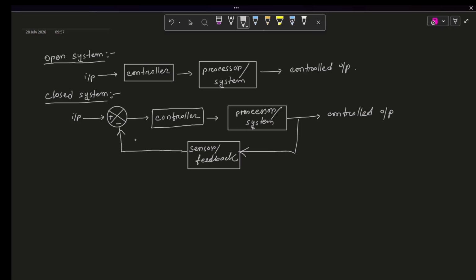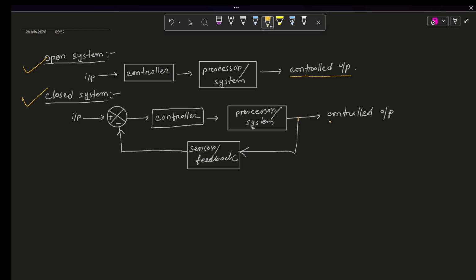For simplicity, I have drawn both block diagrams on the same page. So this one is for our open system and this one is our closed system. You can see in the open system, the whole mechanism is independent of output, but in the closed system, the whole system is dependent on output. Why?